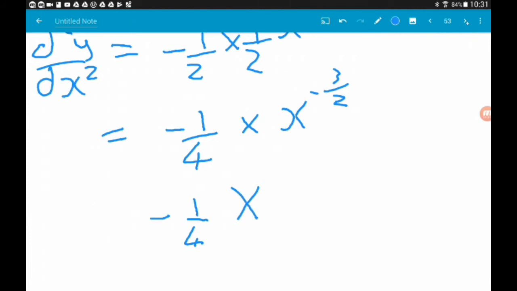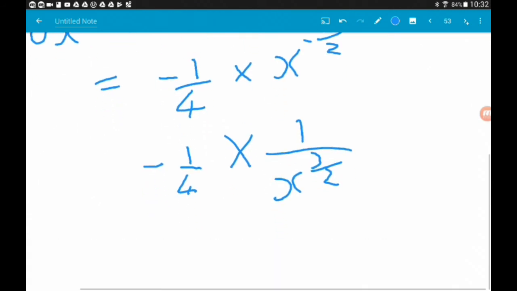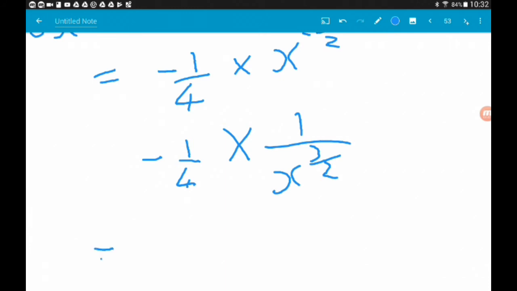First of all, we can think of x to the minus 3 halves as 1 over x to the 3 halves. So we've got minus 1/4 times.